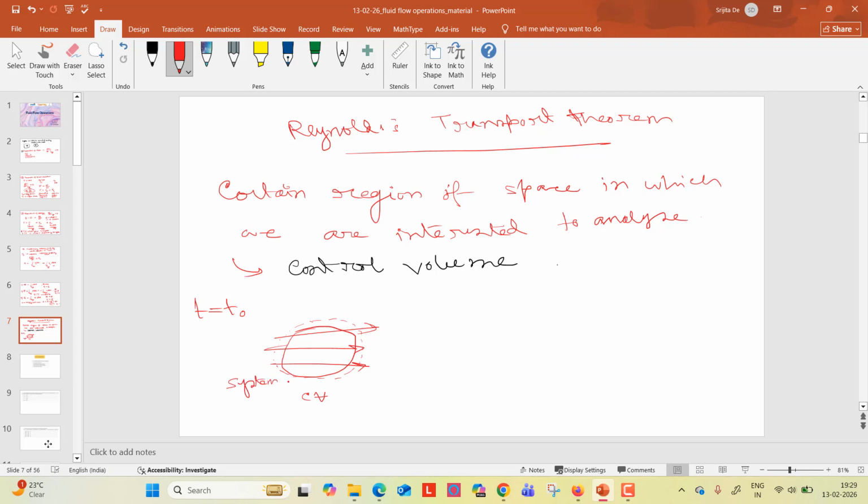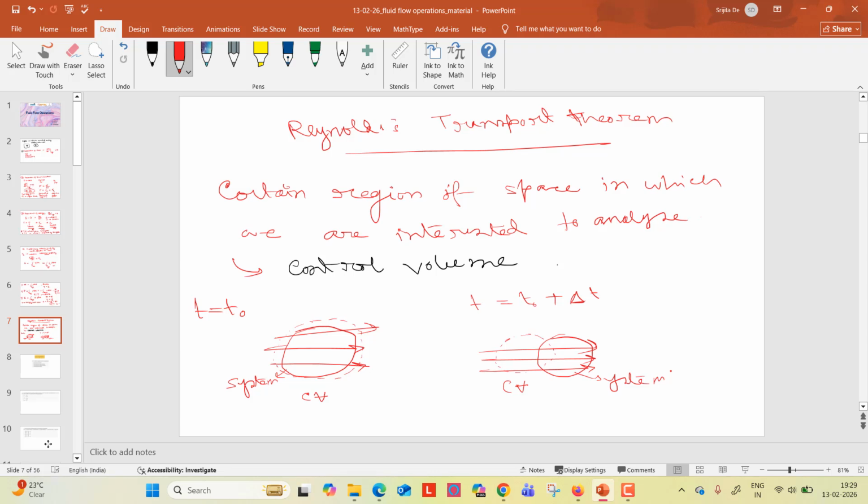After some time, at t equals t0 plus delta t, you will see that your control volume will remain as it is, but your system moves and flow is happening like this, okay?